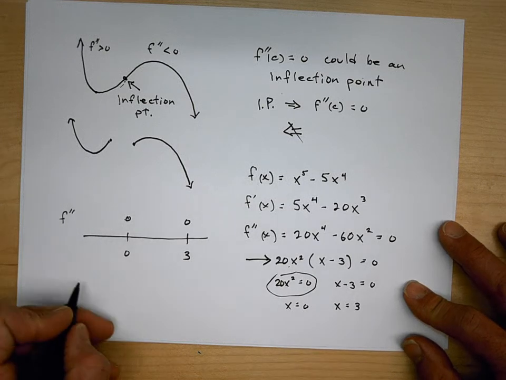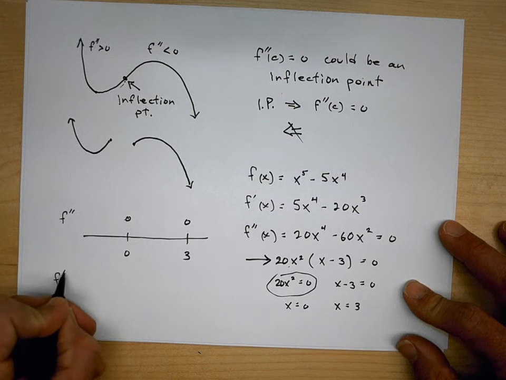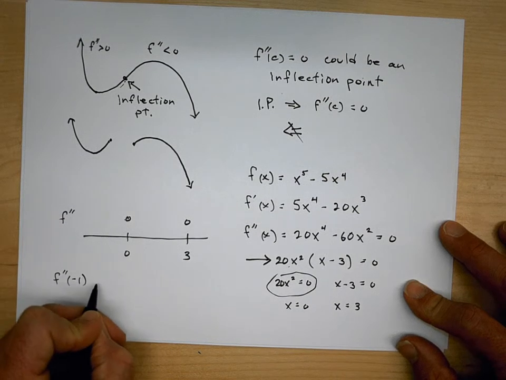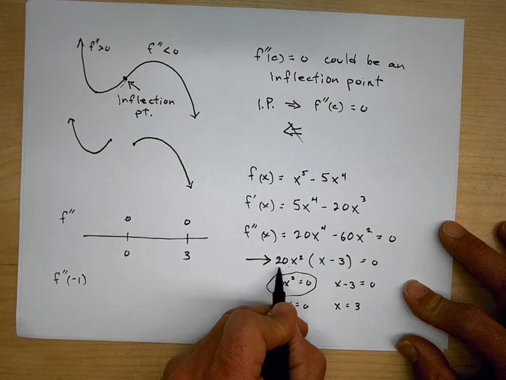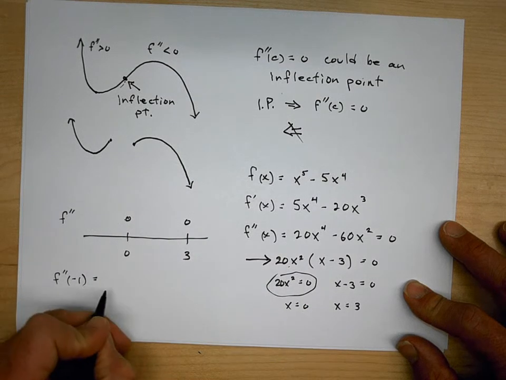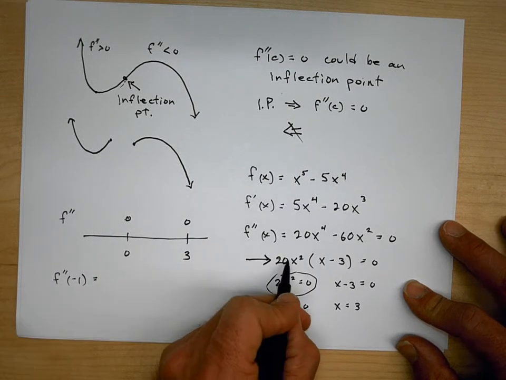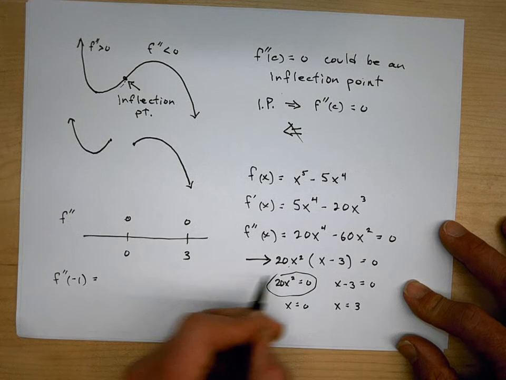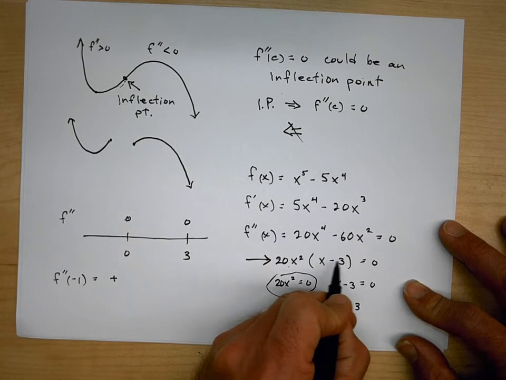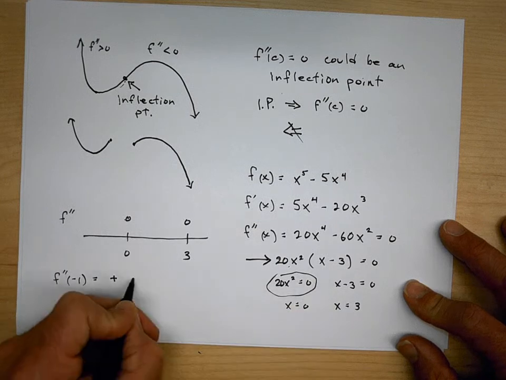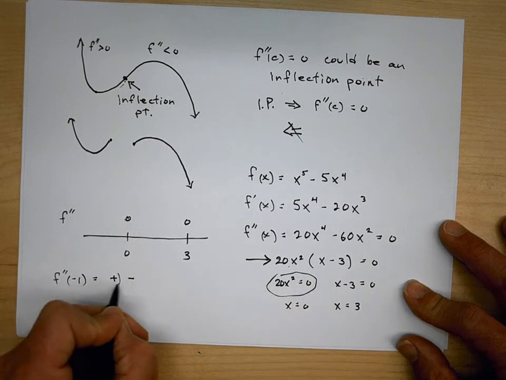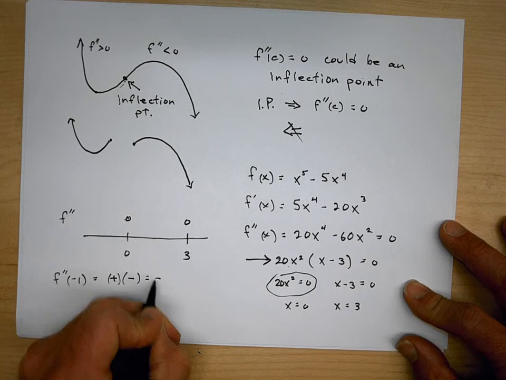So let's try, for example, f double prime of negative 1. That's going to make the 20x squared, when I square negative 1, positive times 20. That's positive. And negative 1 minus 3 is negative, so the product is negative.